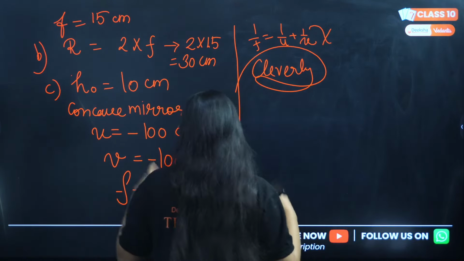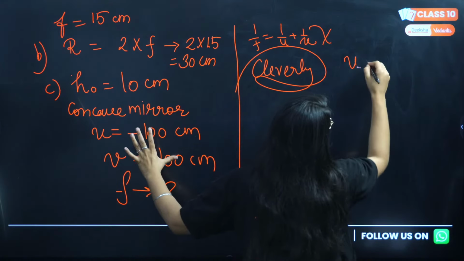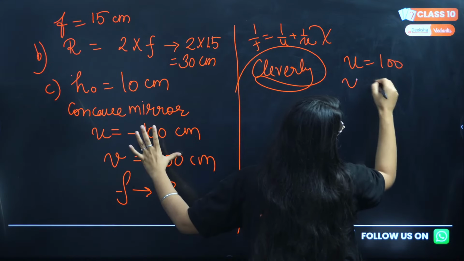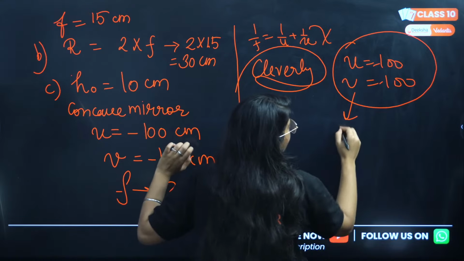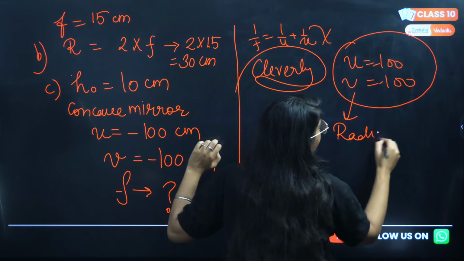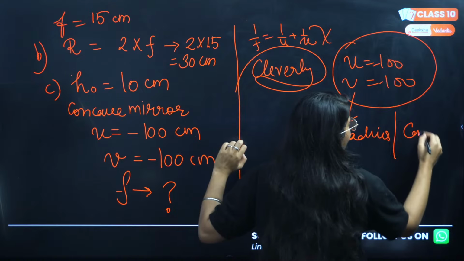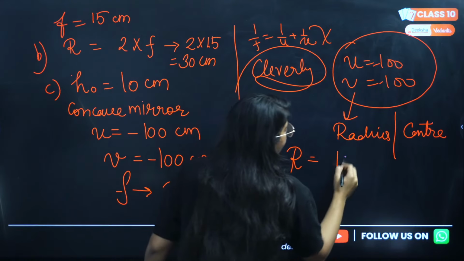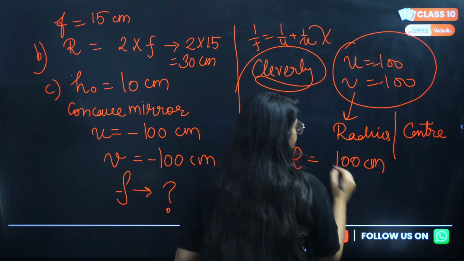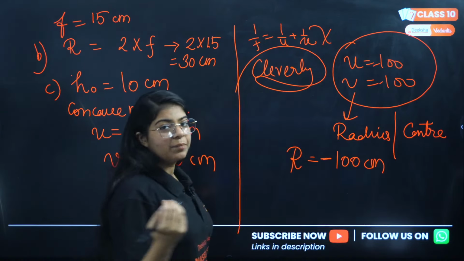Okay, so object is at 100 centimeter, v is also at 100 centimeter. So this will be what? This will be my radius of curvature or center of curvature. Correct? So R is 100 centimeter. If you want to write minus, you can write.